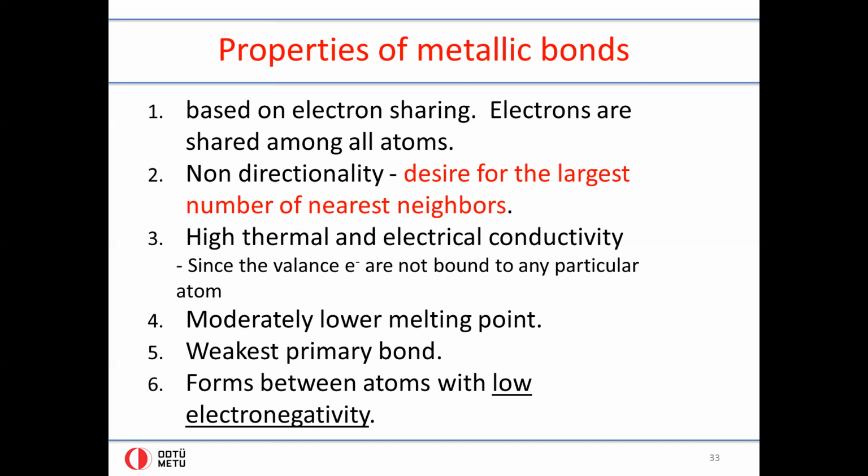Now, this doesn't mean that it is weak, and it doesn't mean that its melting point is low, but this does mean that a ceramic can have a melting point that is, say, 2,000 degrees, but the melting point of a metal is generally going to be lower than that.